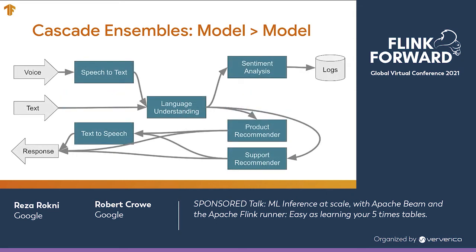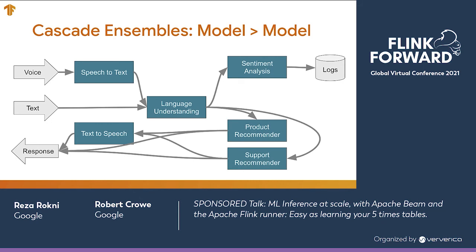And if we look at a more complex Cascade Ensemble, we can do some really interesting things here. So for example, I could use a model to do speech to text using voice data. And then I could use text data with our language understanding and do sentiment analysis on that. Maybe I'm going to save that off to logs for understanding customer sentiment and customer satisfaction.